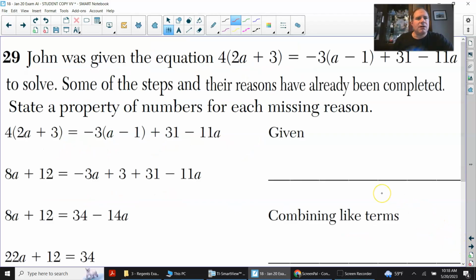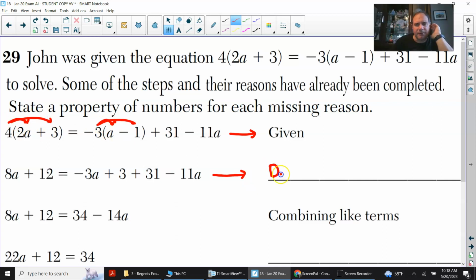All right, so John was given this equation, and right here, some of the steps and their reasons have already been completed. Name a property. So this is the given right here. They want to know what's happening here. So obviously, what is happening is probably the easiest property to remember.